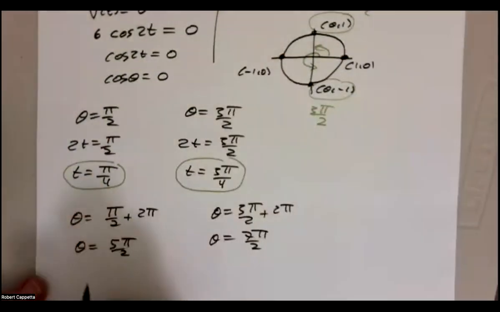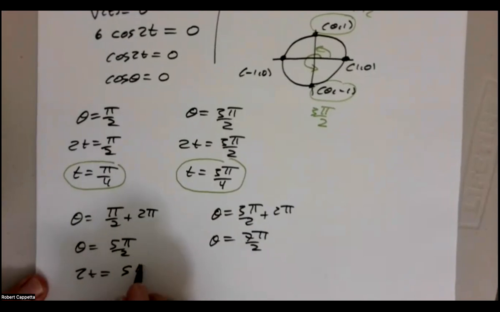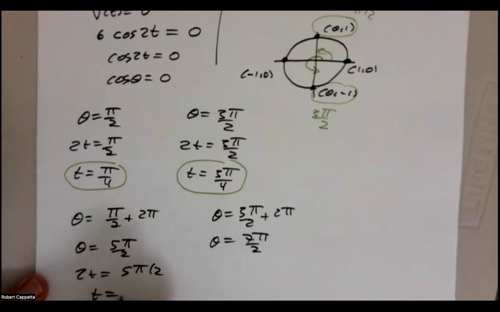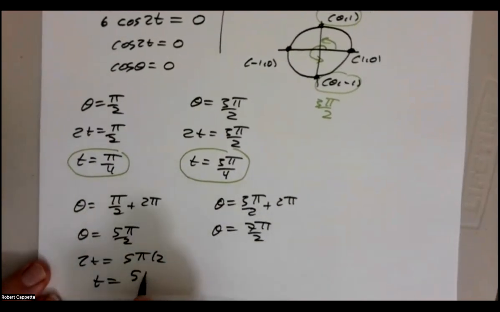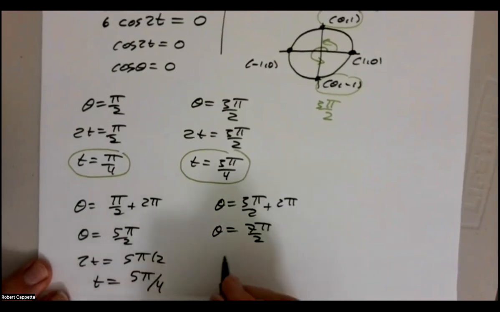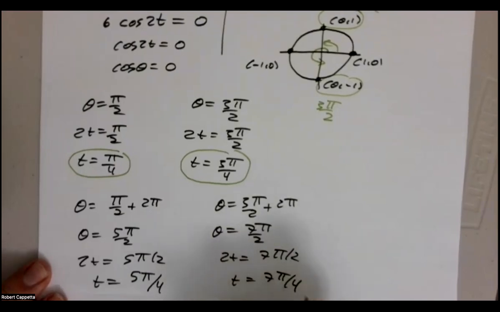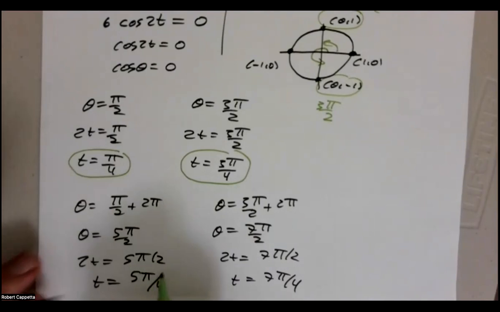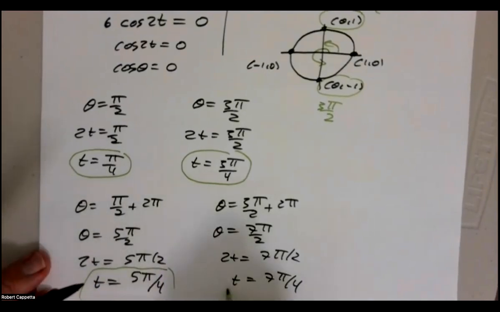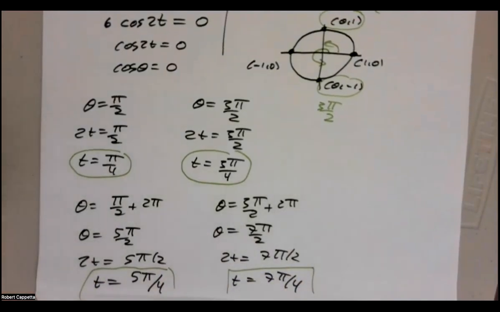Theta is 2t. 2t is 5 pi over 2, so t is 5 pi over 4. Notice it's still between 0 and 2 pi. 2t is 7 pi over 2, so t is 7 pi over 4. So those are the other 2 answers that we get. 4 answers to the question of when velocity is 0 on the interval from 0 to 2 pi.